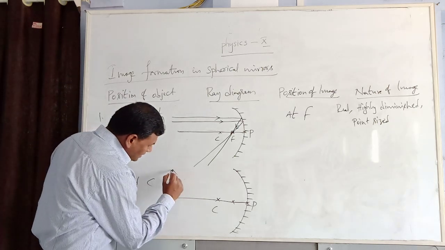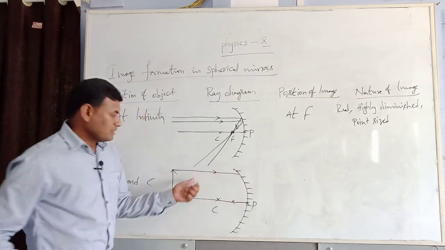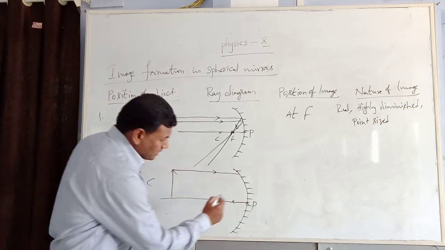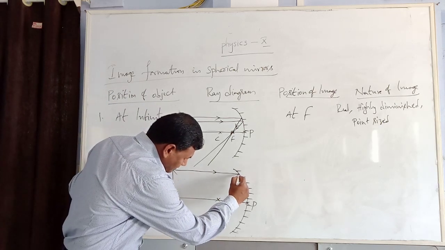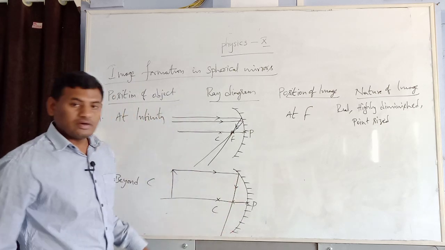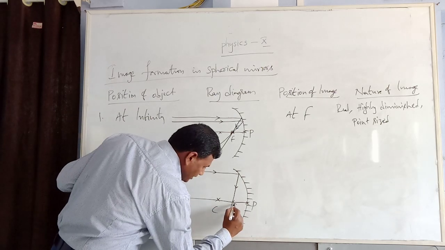Now consider a parallel ray that is passing from this. So the incident ray is passing parallel to the principal axis. After reflection, it passes through the principal focus. Now consider another ray which is passing through F, that is the principal focus.